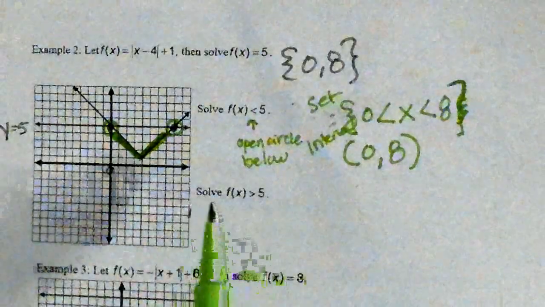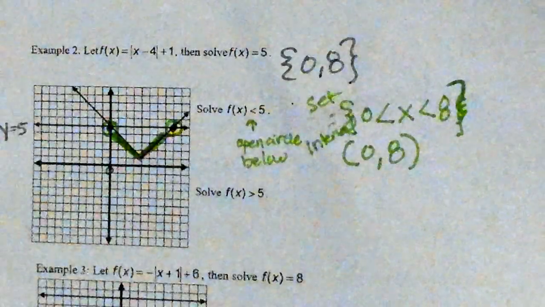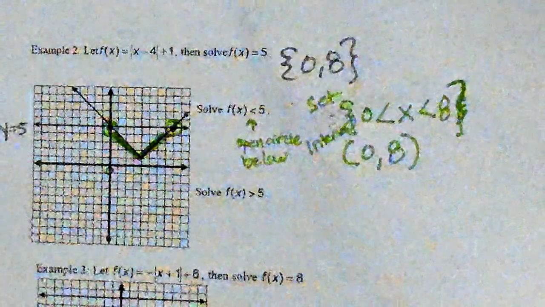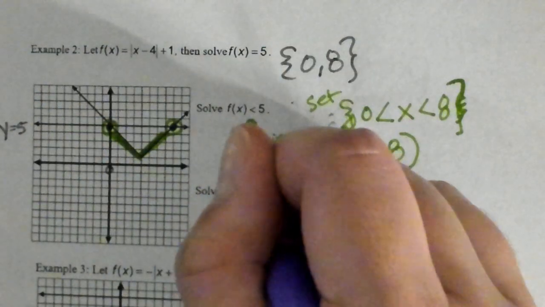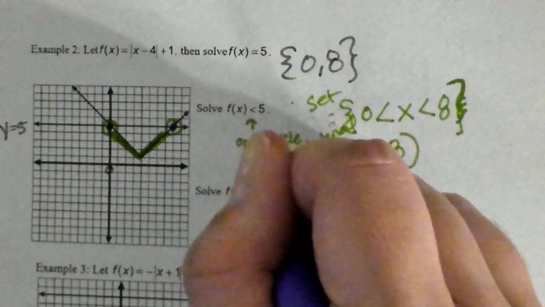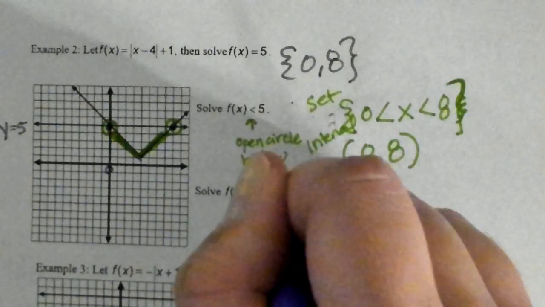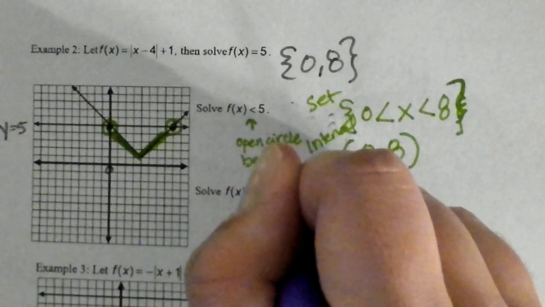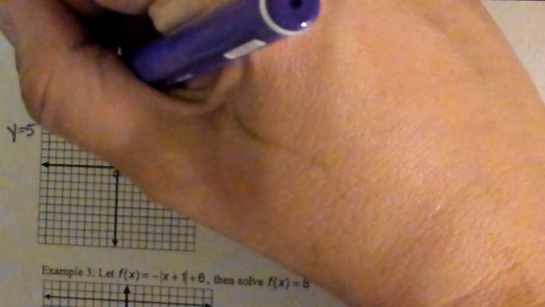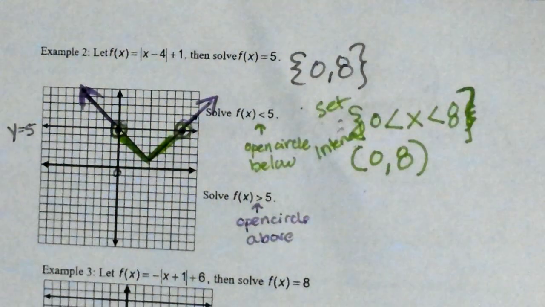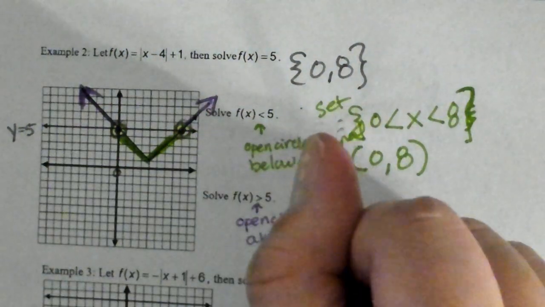Okay, if I want to solve f of x is greater than 5, that is the stuff that is above the line. So this means also open circle, but this one is the part that is above. So open circle, above. So that is our two separate intervals. Oh, I didn't do a number line out of that first one, but it's okay.